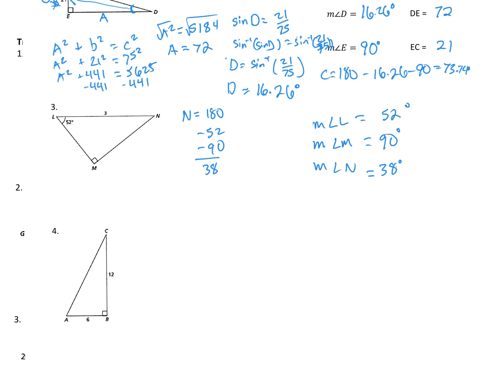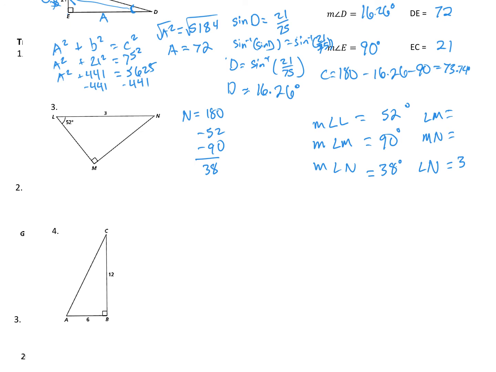Let's do LM, MN, and LN for their distance. We know that LN is 3.